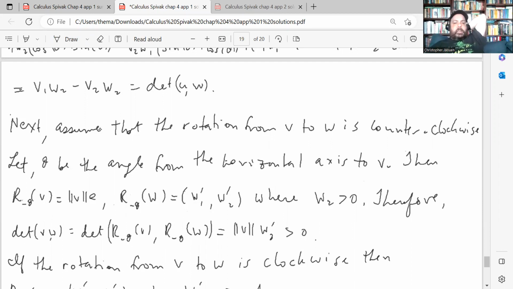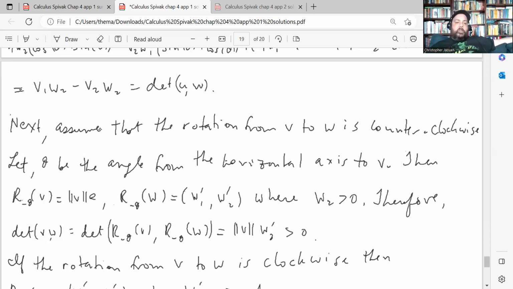So let theta be the angle from the horizontal axis to V. If you rotate through negative theta, then the coordinates of V are the length of V times 1, 0, and the rotated vector W has coordinates W1 prime, W2 prime, and here W2 prime will be positive because of the orientation of the two vectors.